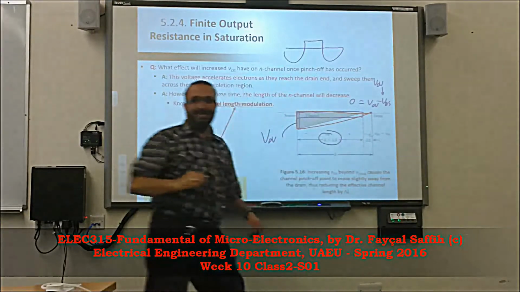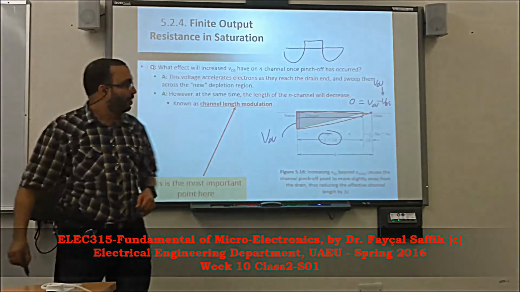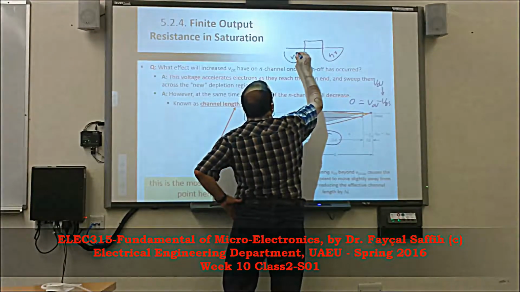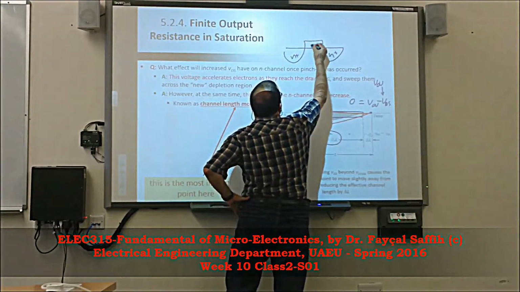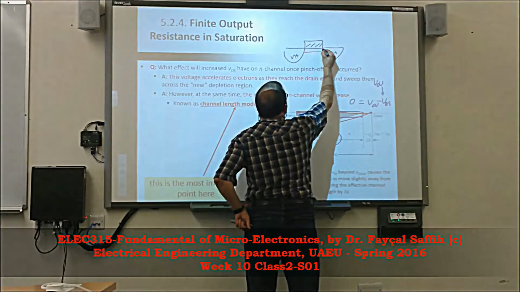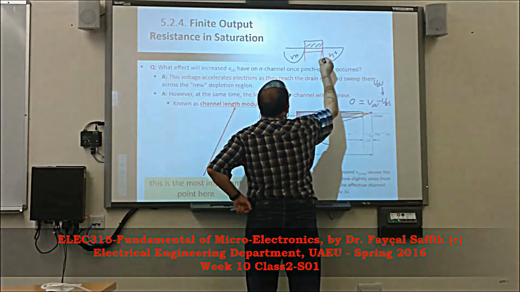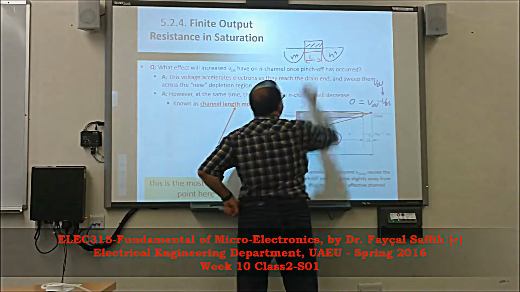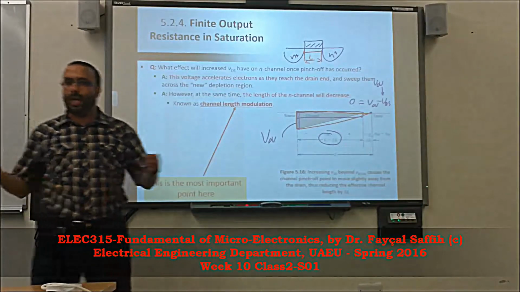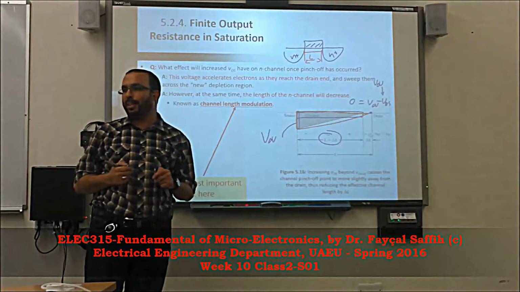See, the transistor in one line. Which is good. So this is N plus, and N plus, and the physical thing, this is the insulator. The channel is here, and we said initially this is L, the channel length. Even when VDS was small, L was the same as the physical length.